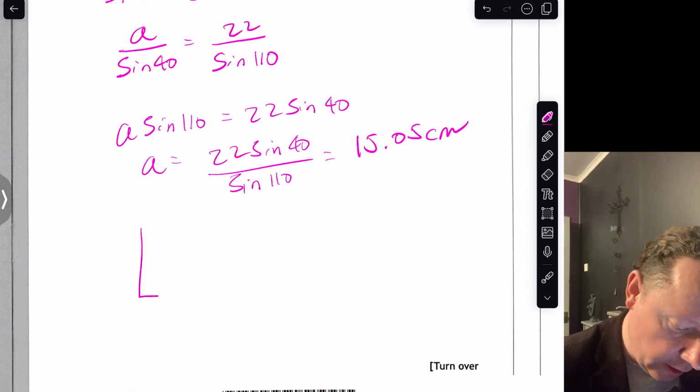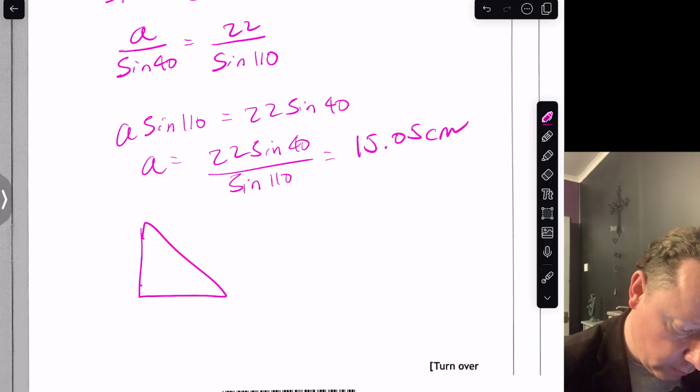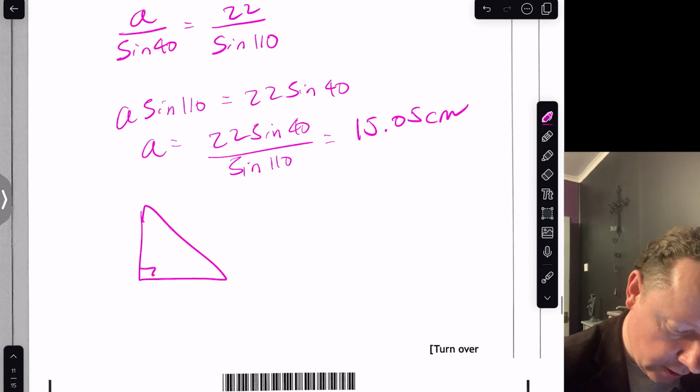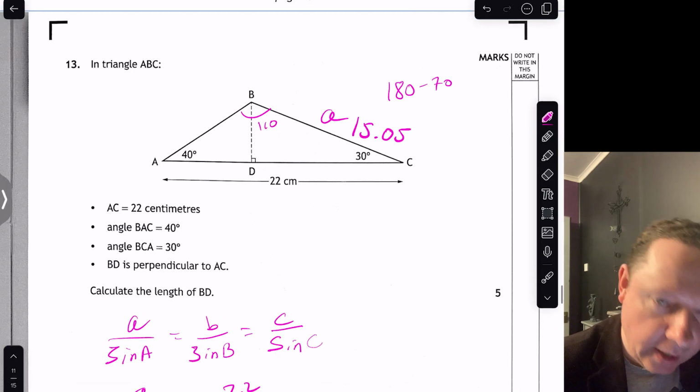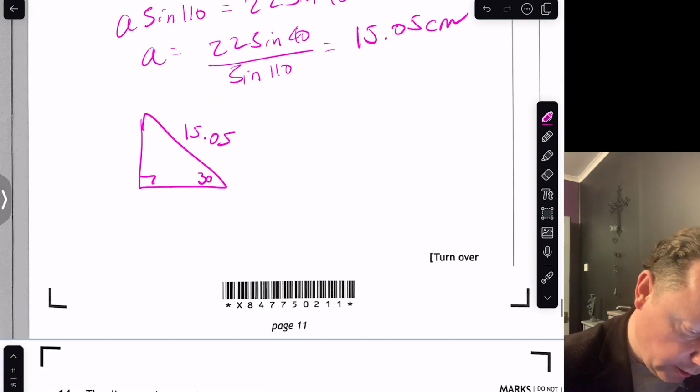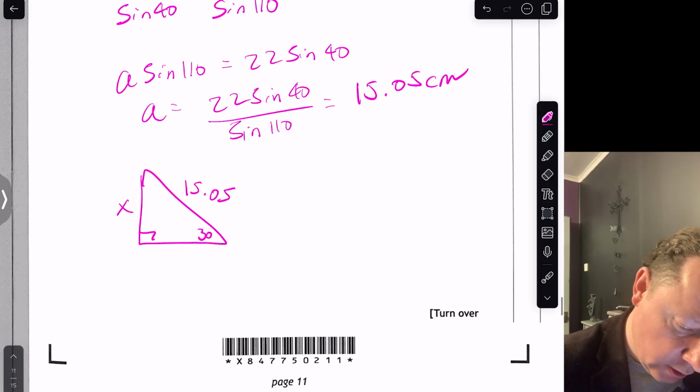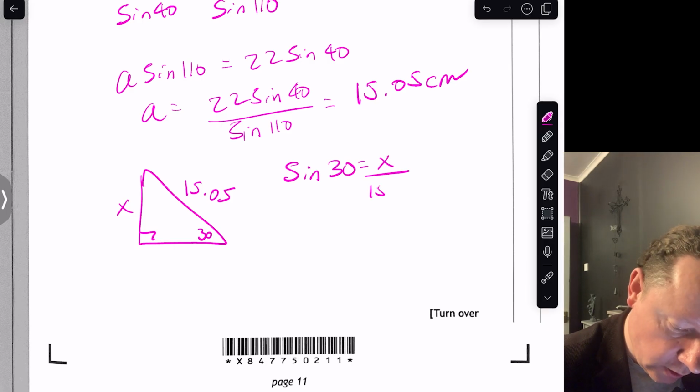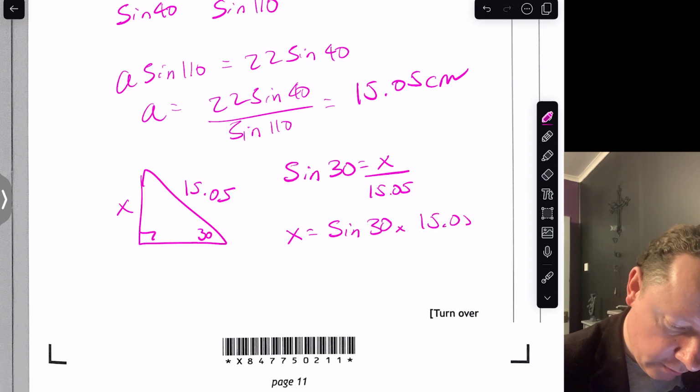I've got this triangle here, and I've got 30 degrees down here, and I've got 15.05 here. I'm trying to find the height, which I'll just call x. So opposite over hypotenuse, which is sine. So sine 30 equals x over 15.05, or x equals sine 30 times 15.05.